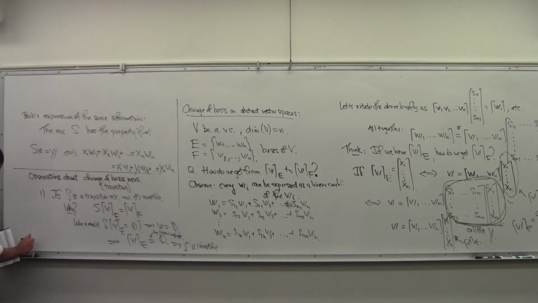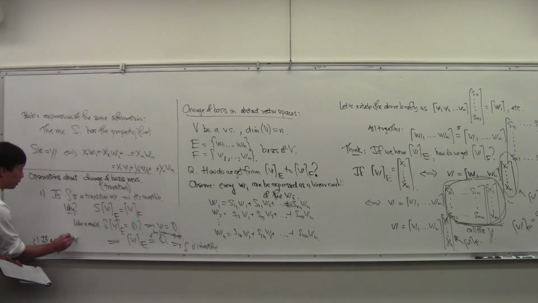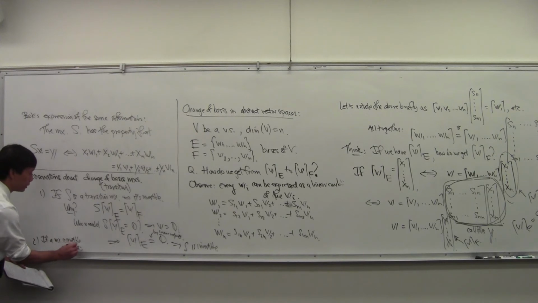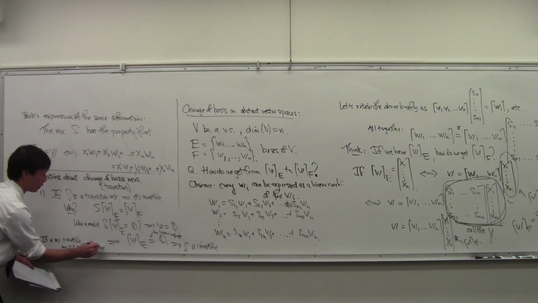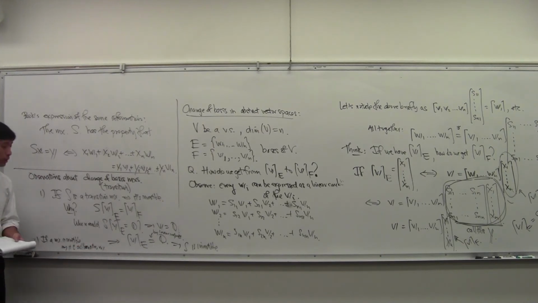Okay. Part 2, I think I'm going to skip because it's a little bit dense. But if a matrix is invertible, then it is a transition matrix to some other basis.